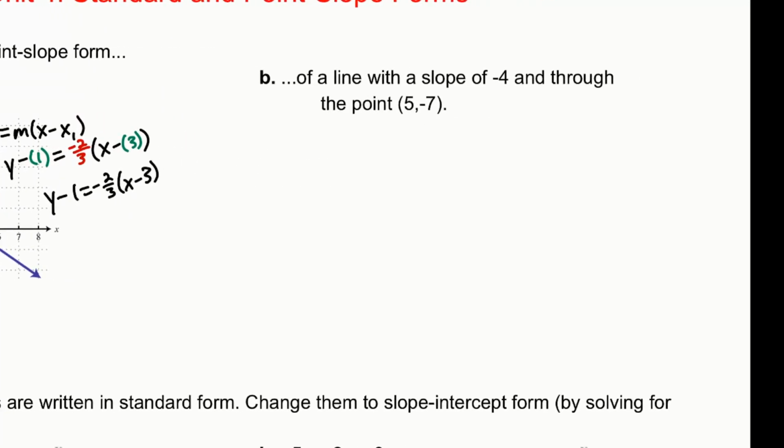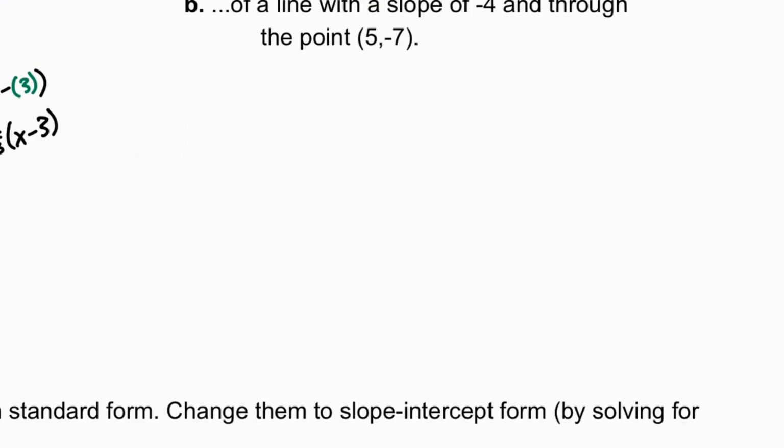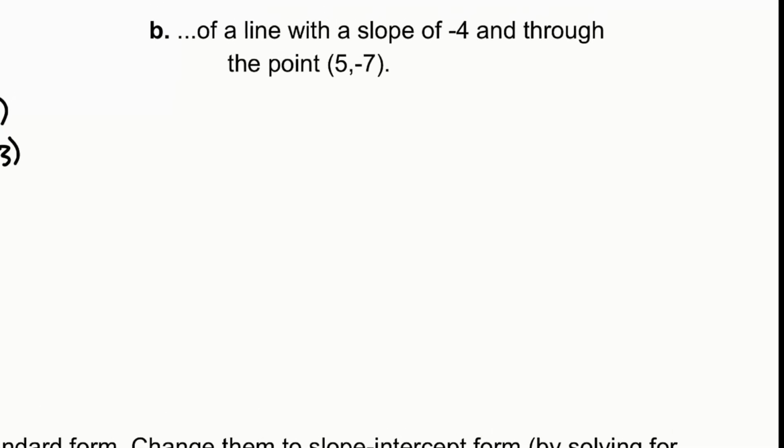Now we're going to write an equation of a line with a slope of negative 4, and through the point (5, -7). Okay. So again, it's y minus y1.